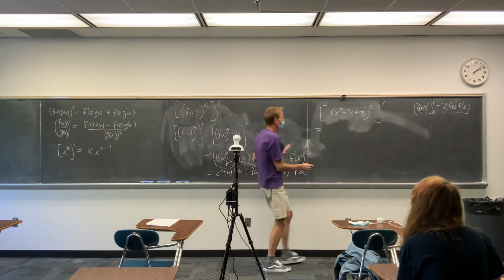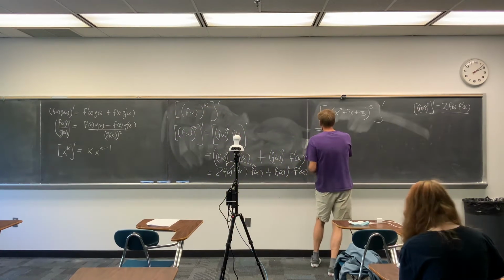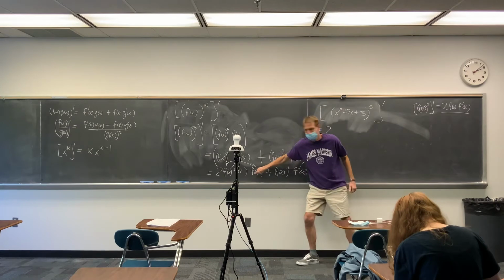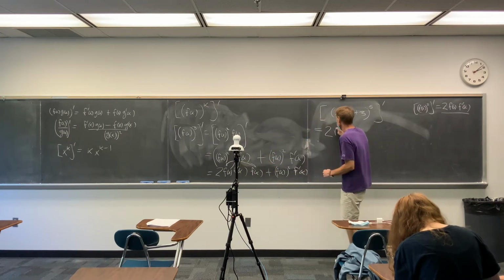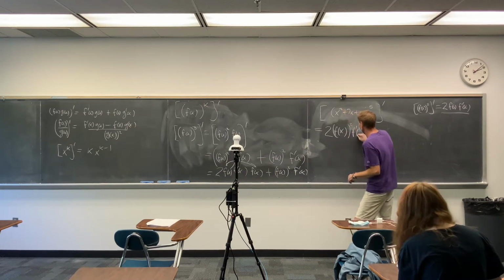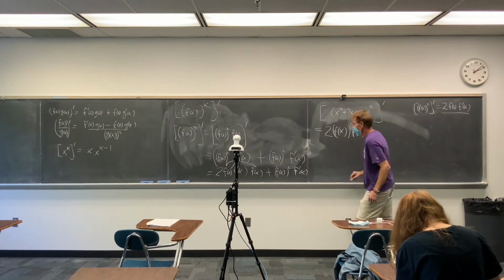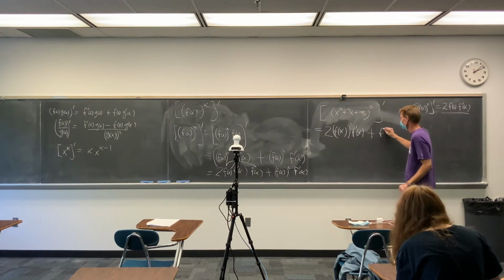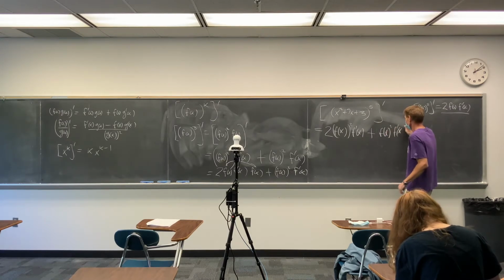And so I would have 2 times f of x squared, times f prime of x, plus the term I haven't done anything with, f of x squared times f prime of x.